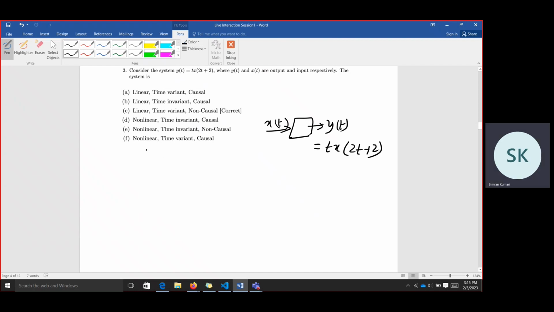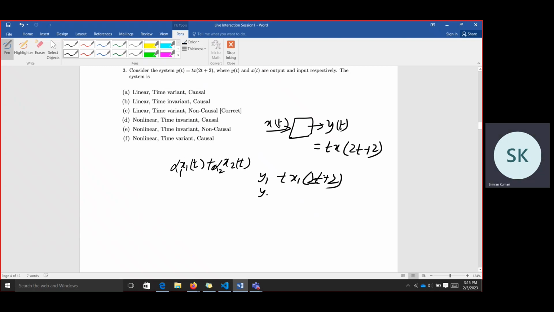So first, for linearity, we'll apply x1(t) and x2(t) with the linear combination. So what will be the output? Suppose we apply x1(t), so this will be t x1(2t plus 2).